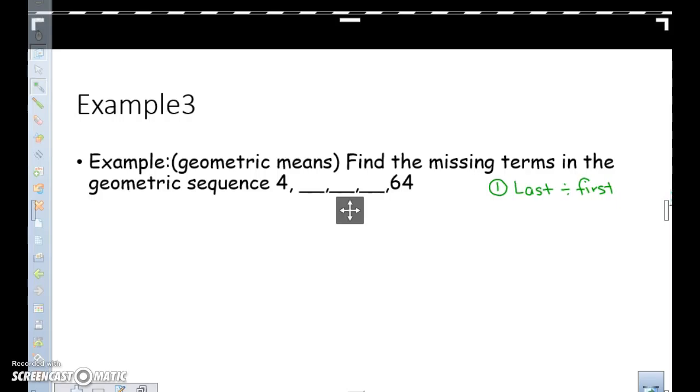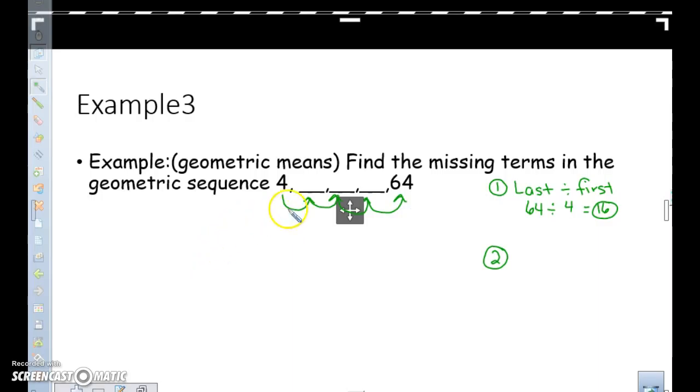Last divided by the first. Step 2. You want to figure out how many times you need to multiply by. So I'm going to draw that in. I need to go once, twice, 3 times. I got to multiply 4 different times to get to 64.